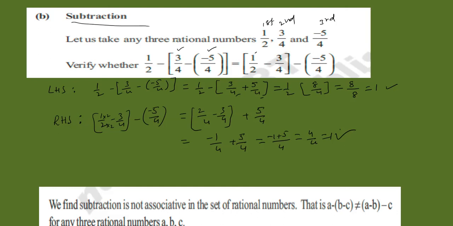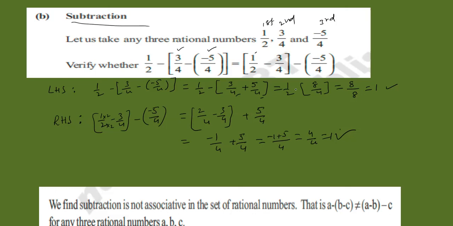If the order is whatever may be, what we got... no, it is not possible. I think there is a mistake here also. I look at it again: 1 by 2 minus 3 by 4, minus into minus plus 5 by 4, yes, that is 8 by 4. Here there is a mistake.